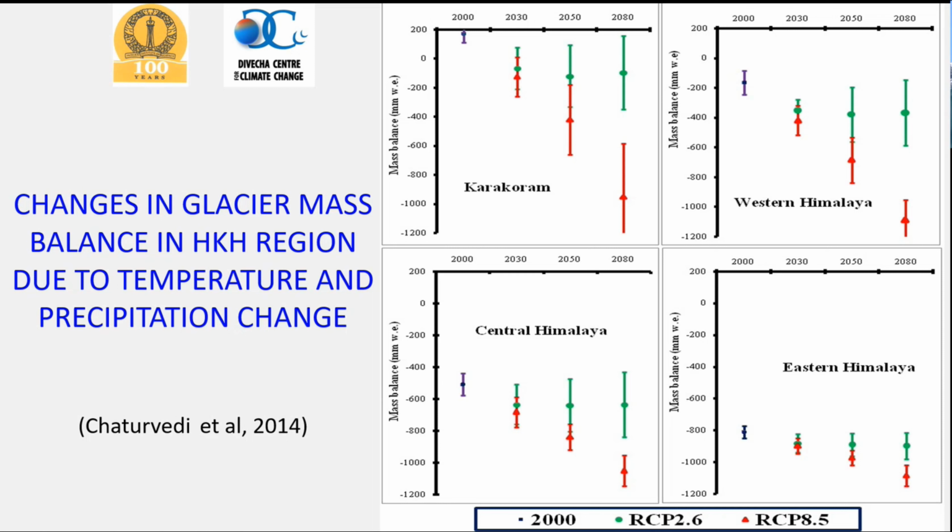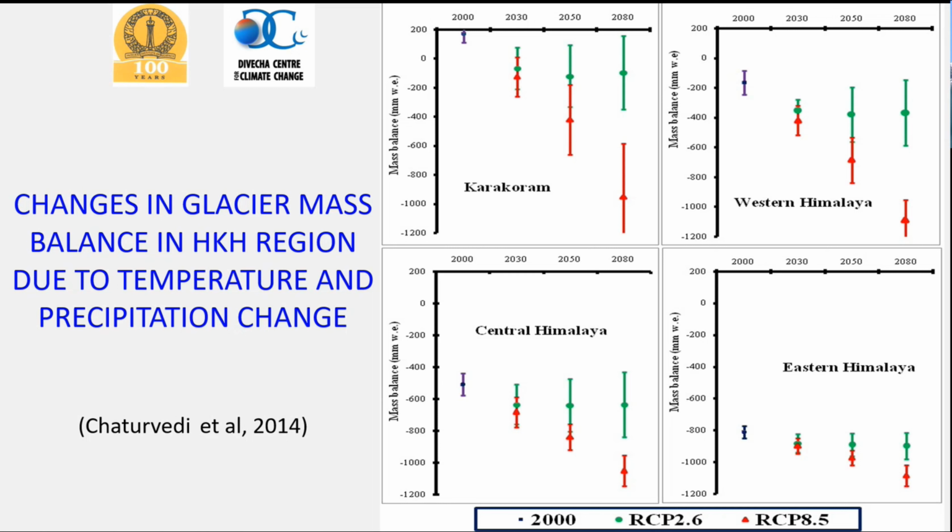And as it moves, depending upon which scenario, RCP 2.6 and RCP 8.5, you can see how it is going to collapse. If it is RCP 8.5, then even by year 2030, glaciers might start losing mass at a higher rate, and by 2050, substantial loss will be there.